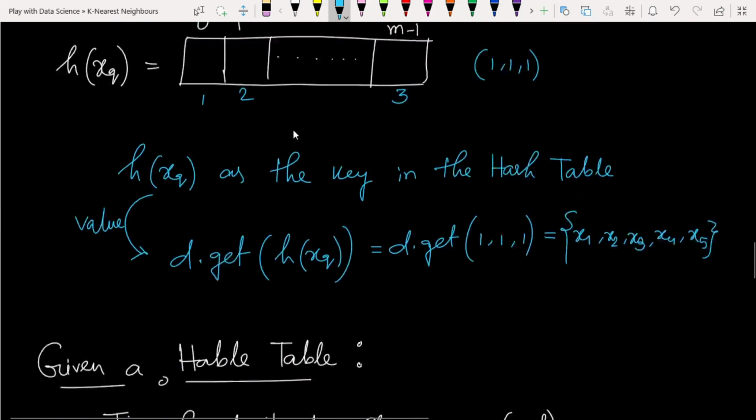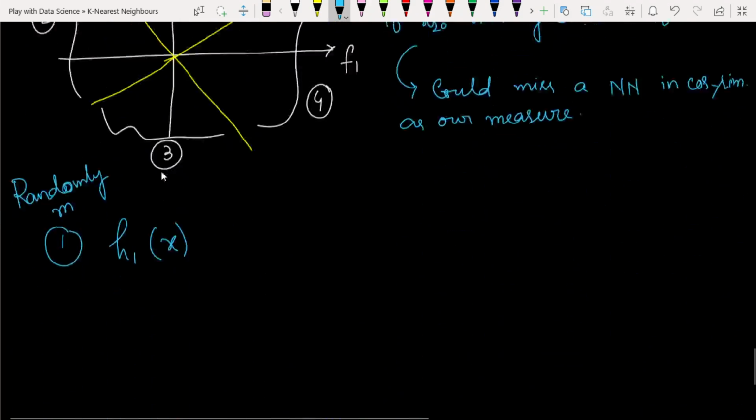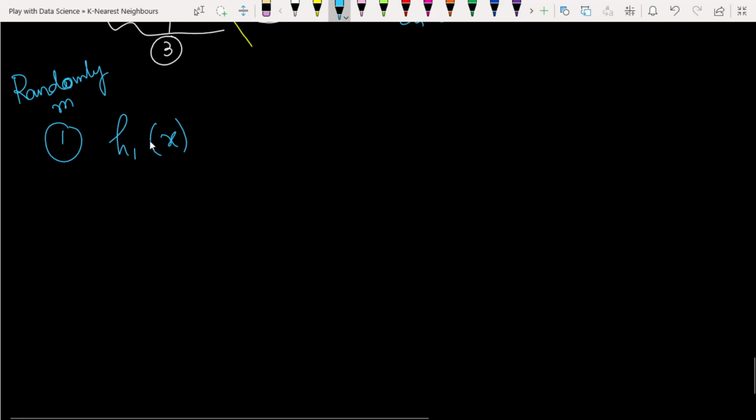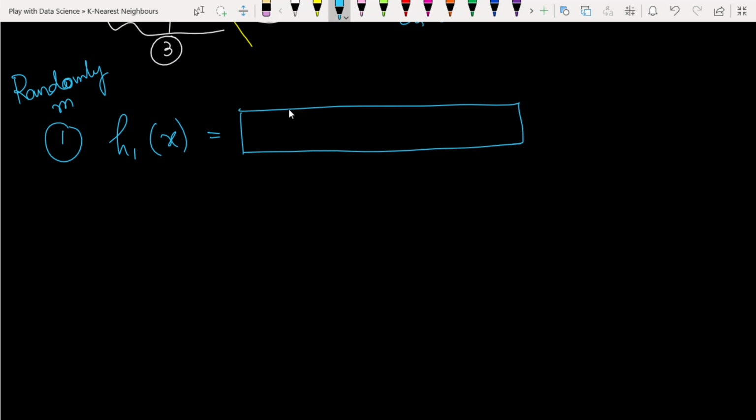Let's take these hash functions as 0, 1, 2 up to m minus 1. We have generated this hash table first.